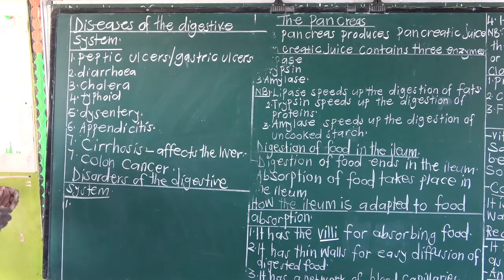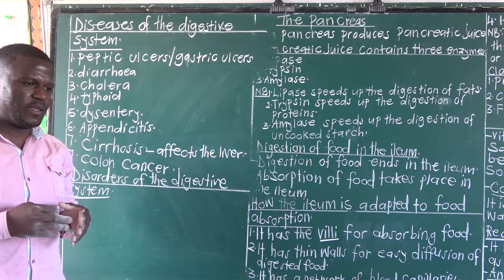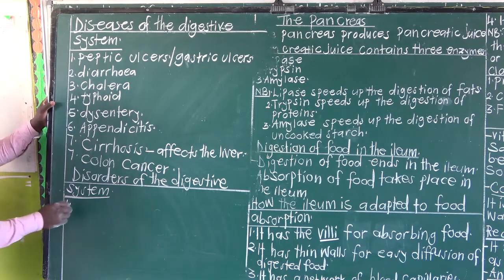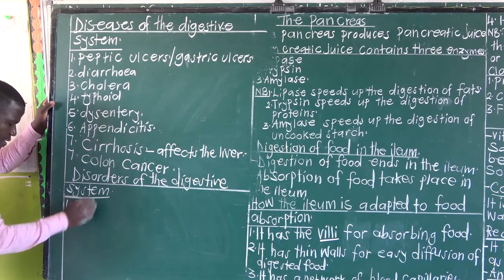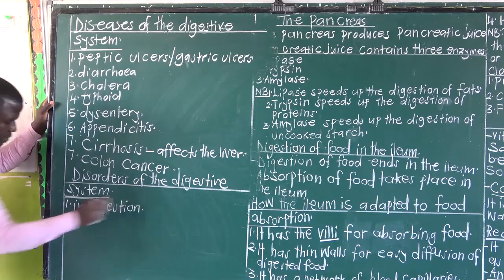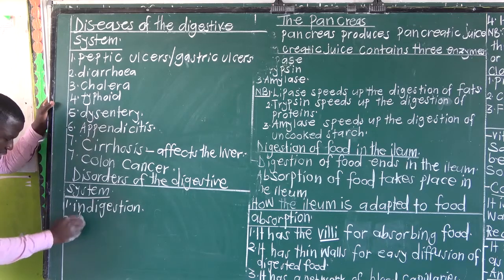Now, we have so many disorders of the digestive system. One, we have indigestion. Number 2, we have diarrhea.